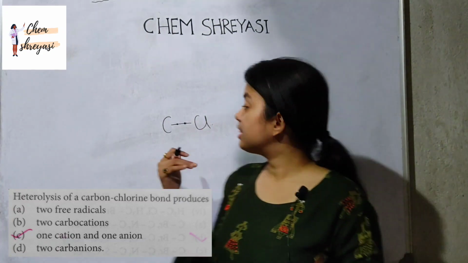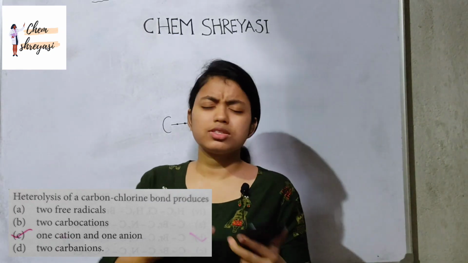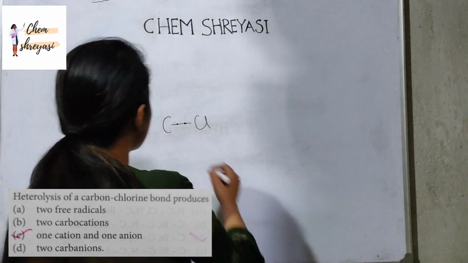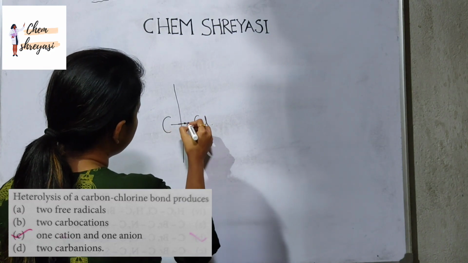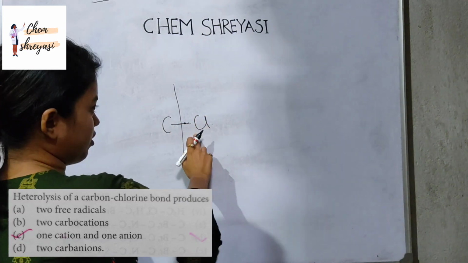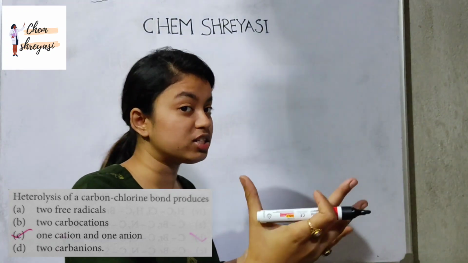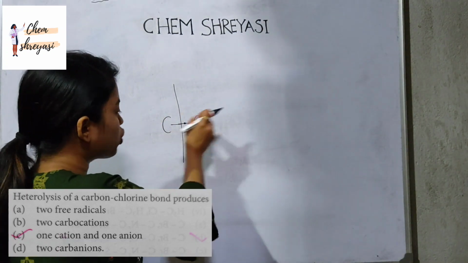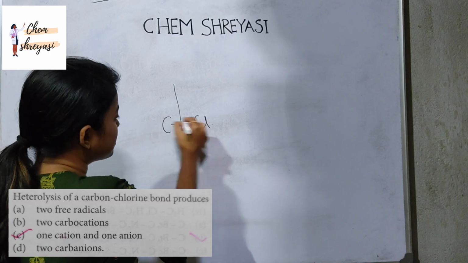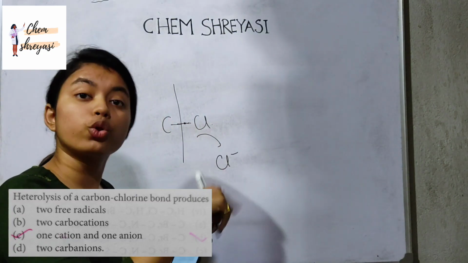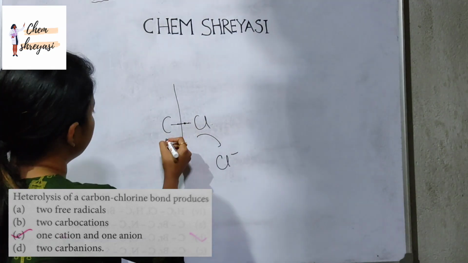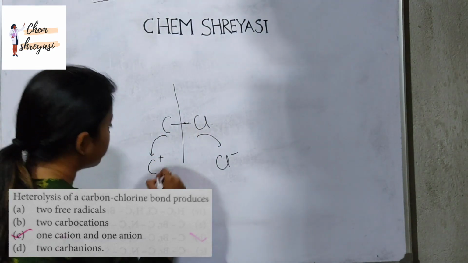So when heterolytic cleavage is done, there will be a cleavage, but instead of a free radical, this chlorine, because of high electronegativity, will take up both of the electrons involved in this bond formation, and it will come out as chlorine minus, and this carbon will come out as C plus.